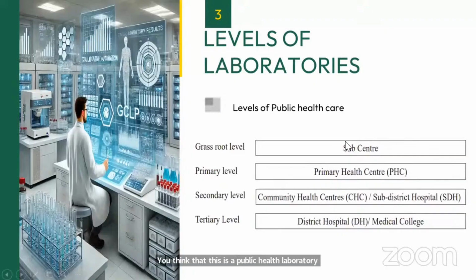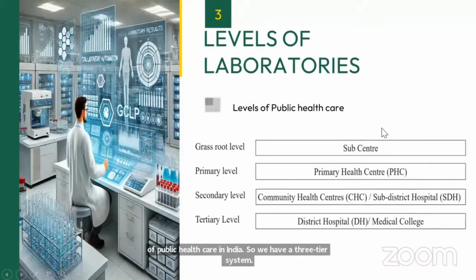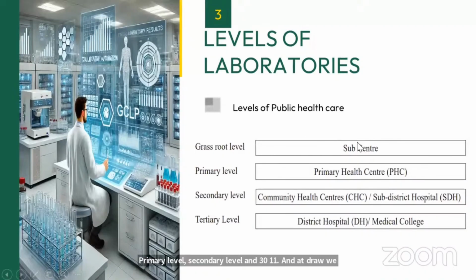So we have a three-tier system: primary, secondary, and tertiary level, and at the grassroots level, we have a sub-center. For patients in remote locations, the first point of contact is the sub-center. Then we have primary health centers, where primary preventive and curative disease services are provided. Then we have referral centers; these secondary centers are called referral centers.